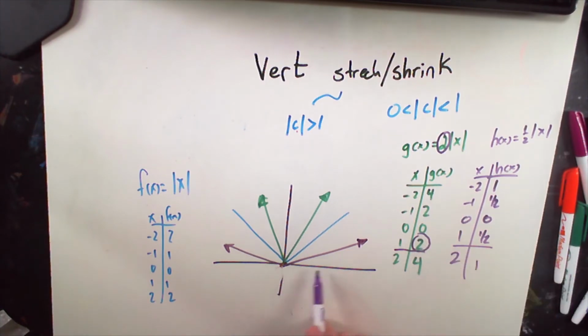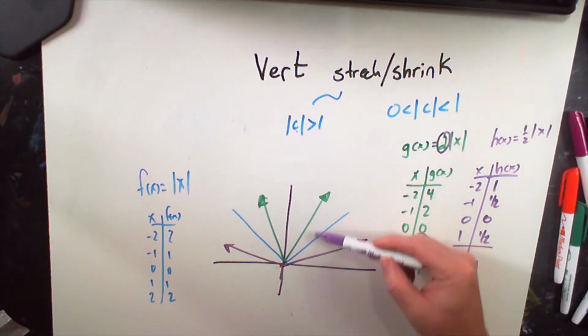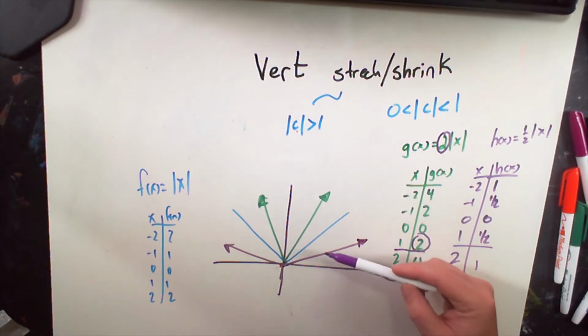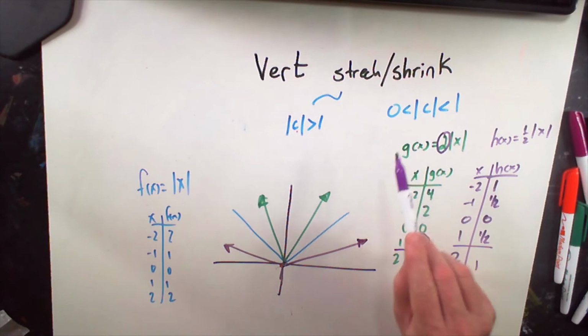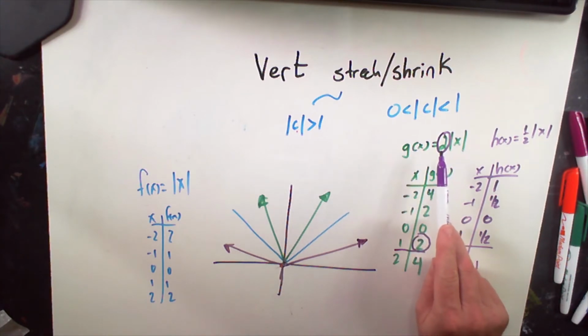And if you go over 1 from wherever you start, and in this case we're starting at the origin, but if we had shifted it, then it still always go over 1 from that starting point, and then whatever distance you have to travel up or down to get to the function, that tells you the number that goes out in front.